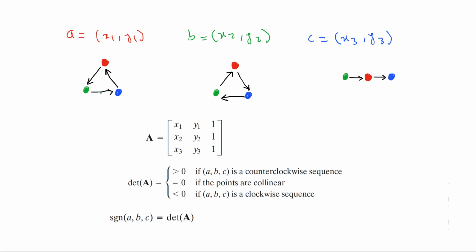So this orientation will be there if the determinant is positive, this orientation if the determinant is negative, and this will be the orientation if the determinant is 0. For notational convenience, we will write sign of ABC instead of determinant of A, because we just need to understand whether the determinant is positive, negative or 0 rather than its original value.